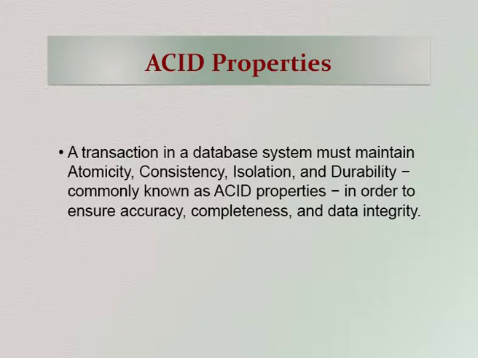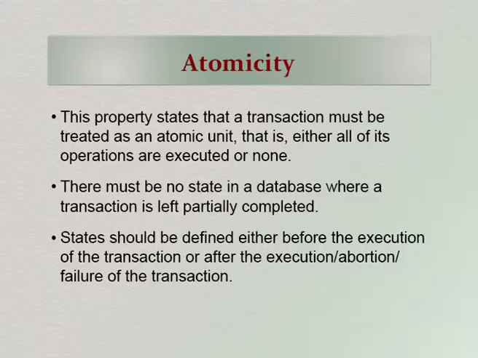So, let us start with the definition of atomicity. Atomicity is a property that states a transaction must be treated as an atomic unit, that is, either all of its operations are executed or none of the operations is executed and it is thrown back to the initial state.